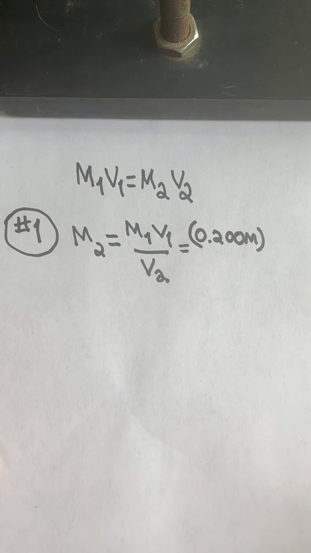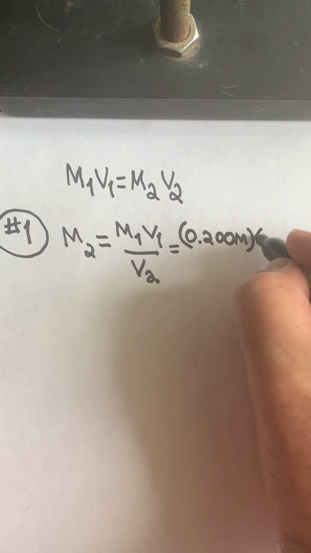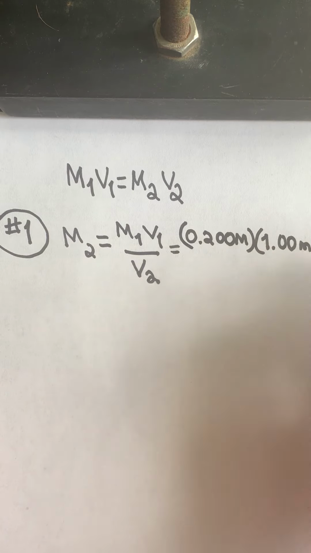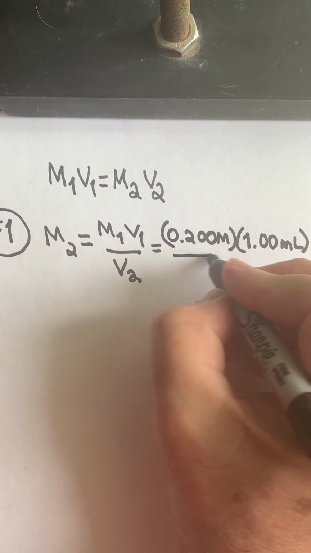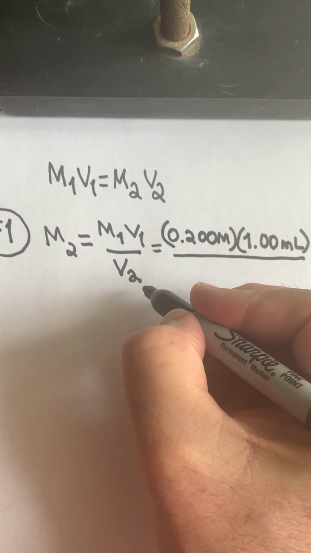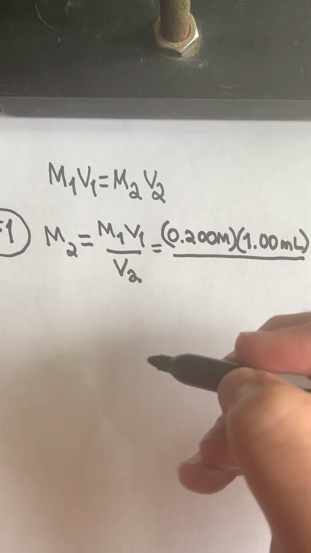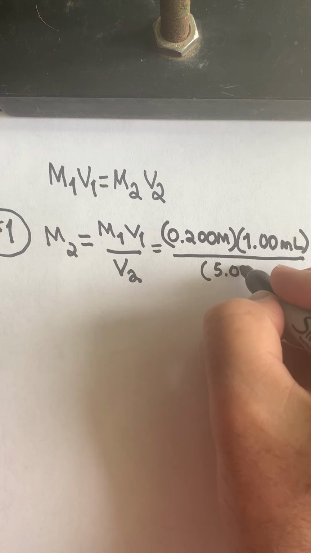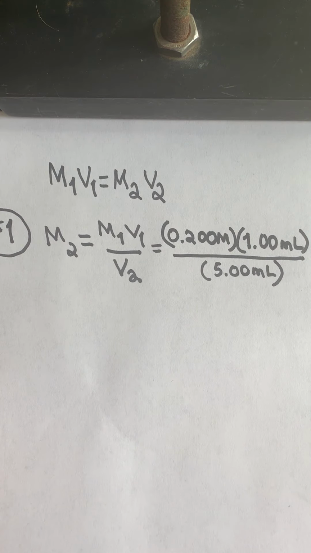V1 is the volume of that solution we added to this test tube, 1.00 milliliters. Then we divide that by V2, which is not the volume of water added, but the final volume of the solution, which for every test tube is 5.00 milliliters.